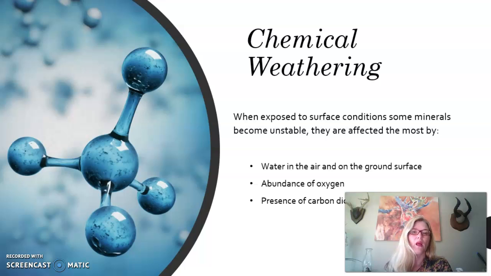Chemical weathering. When exposed to surface conditions, some minerals may become unstable. They are affected the most by water in the air and on the ground surface, abundance of oxygen, and the presence of carbon dioxide.